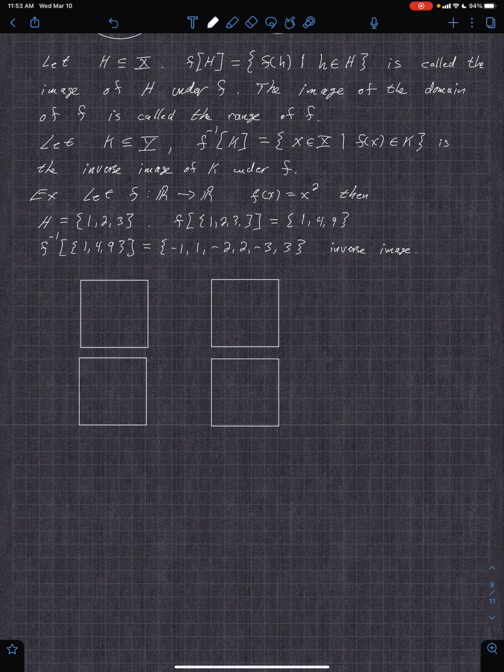We're going to call both of these x, and then this one y and y. And so you have in here your set H. Then you have your mapping, your function f, both cases.